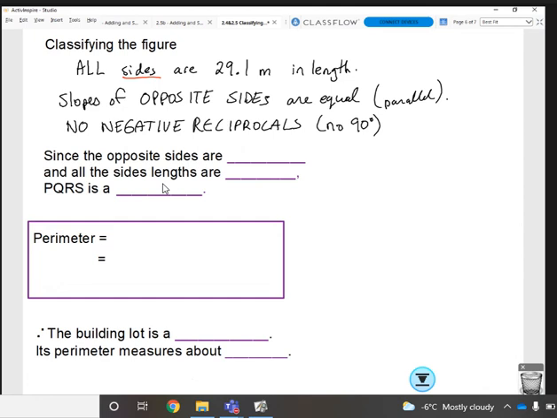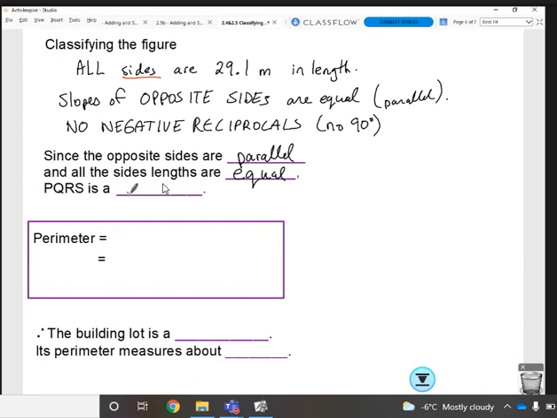That's all of the information that we spent an hour calculating. We did it the long way so that you can appreciate the short way, honestly. So since the opposite sides are parallel, and all side lengths are equal, PQRS is what type of shape?